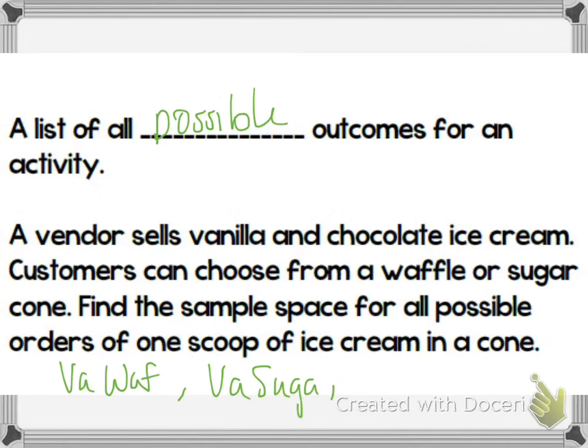So those are your two options for vanilla. Or you can have a chocolate on a waffle cone or a chocolate on a sugar cone. So notice that there's 4 possible outcomes. You cannot have one of those other ones if you want ice cream at the vendor. So that's called the sample space. You just list all the outcomes possible.